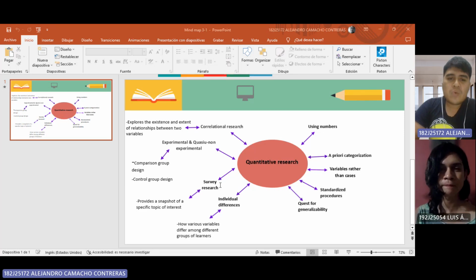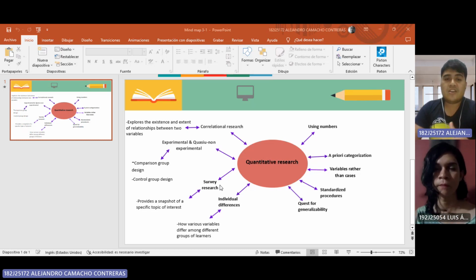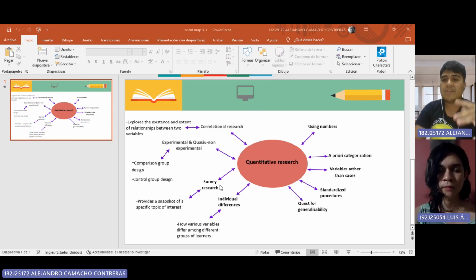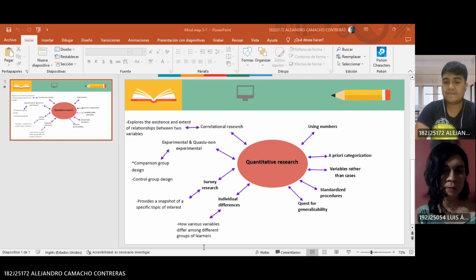And the last one is individual differences. This type examines how various variables differ among different groups of learners, for example, gender, age, language, etc. It also involves comparison between groups, but unlike experimental research, it doesn't manipulate or control the research setting.